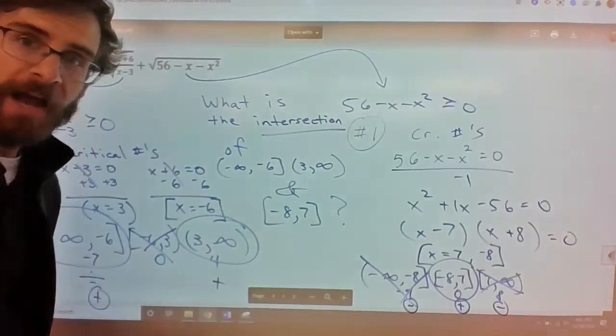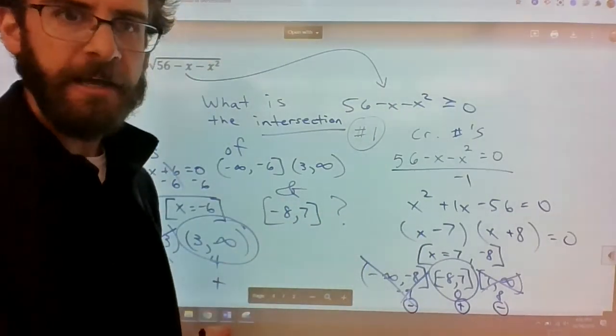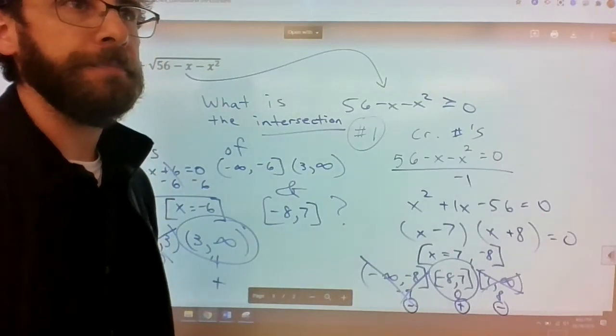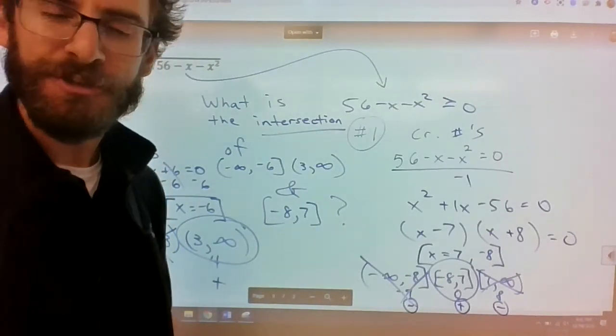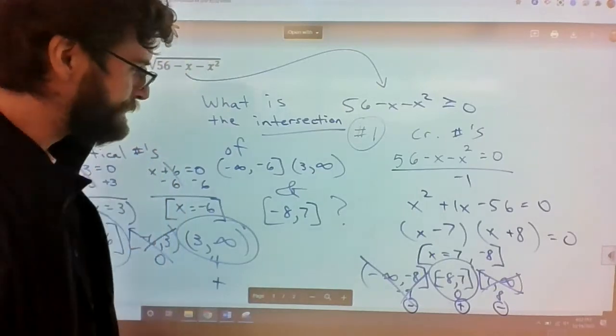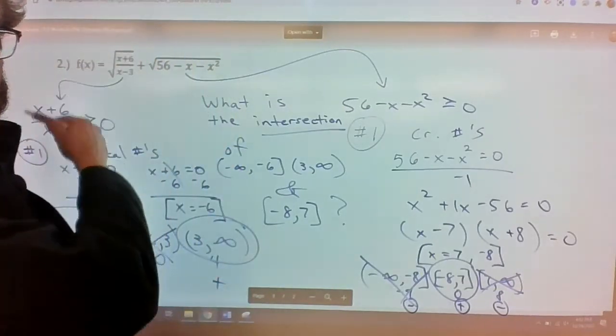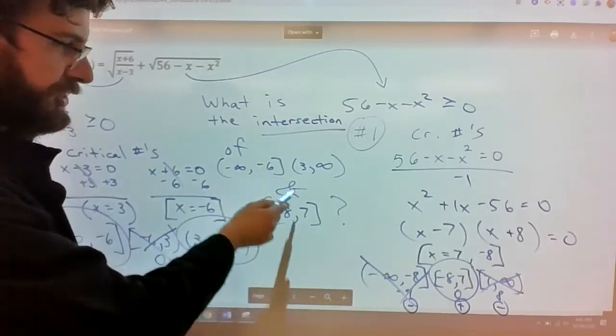That's the question you have to answer. To figure out what the domain of this entire function is, it's got to be the intersection of these two.